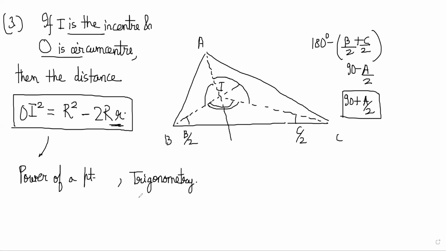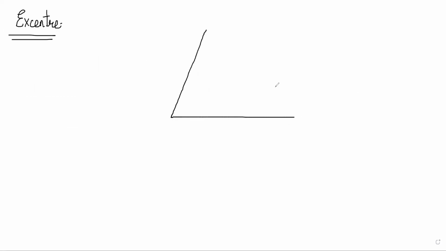The last point that I want to cover here is the excenter. The excenter is similar to the incenter, but it is the point of intersection of one internal angle bisector and two external angle bisectors.